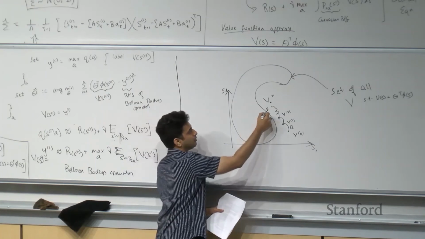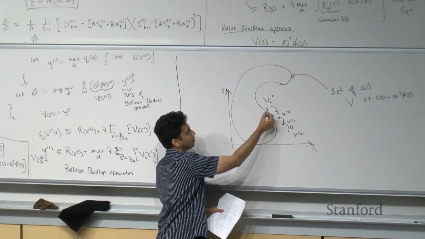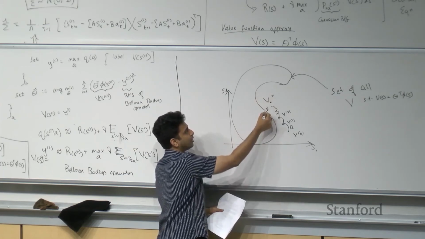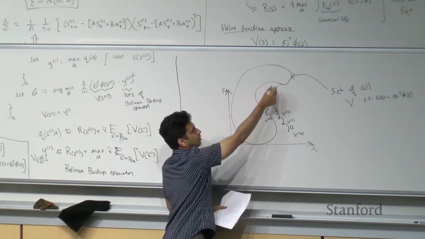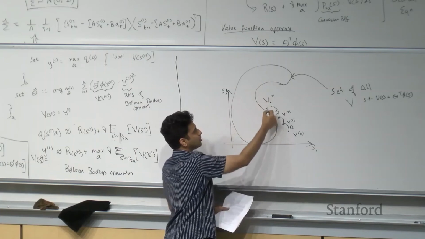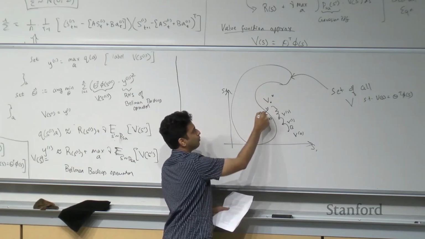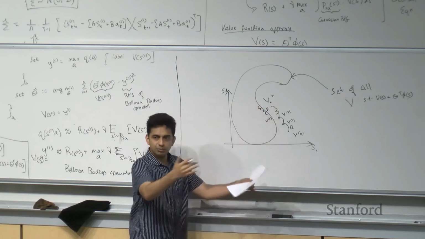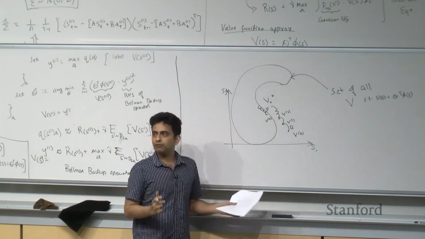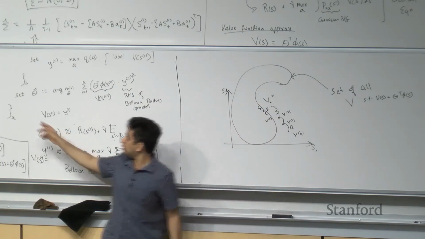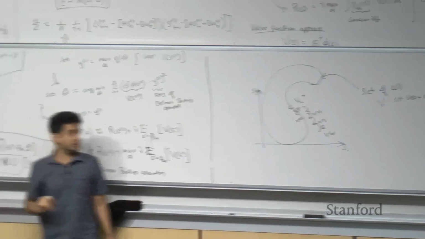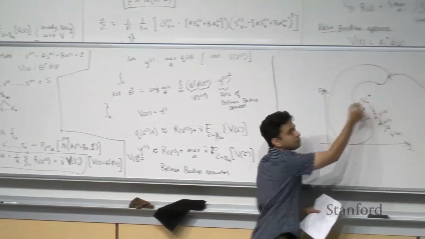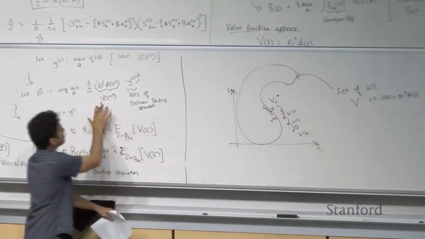We're going to get this function over here, which is the projection of y onto this space, the nearest point in our family of functions that is nearest to y. And then we're probably going to keep hopping, keeping ourselves within the family of the V functions of this parametric space that we have defined, and get as close as possible to V star. That's what this algorithm will do.